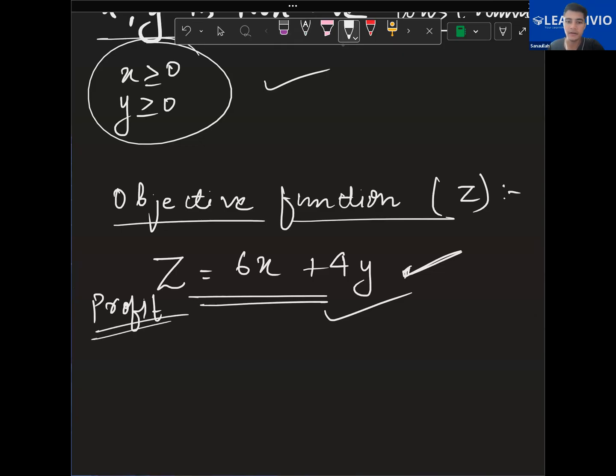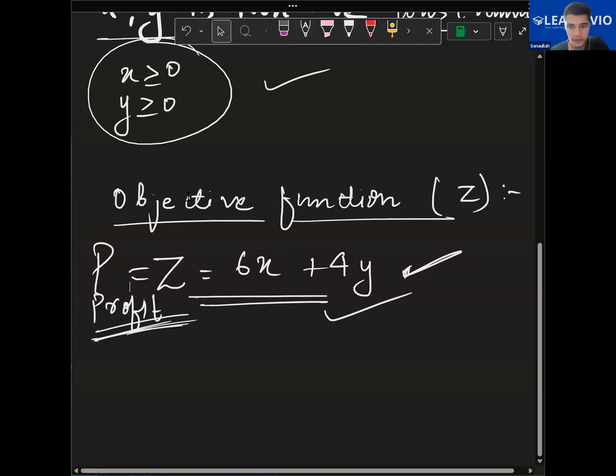Because obviously we want a maximum profit. So for this we want an optimal value, and my optimal value will be the maximum value for this profit function. All right, you can denote this by p also, that is up to you. So this is the profit objective function, right?